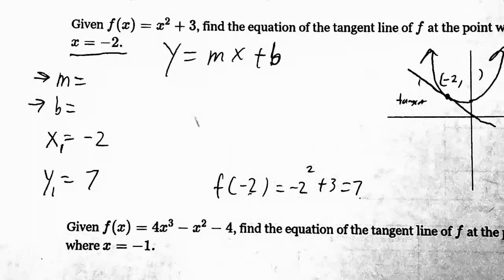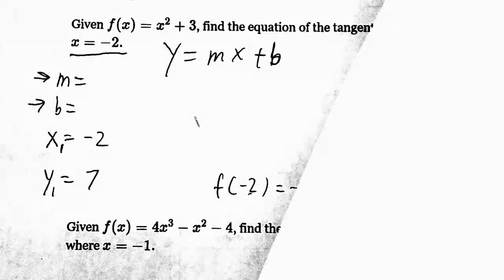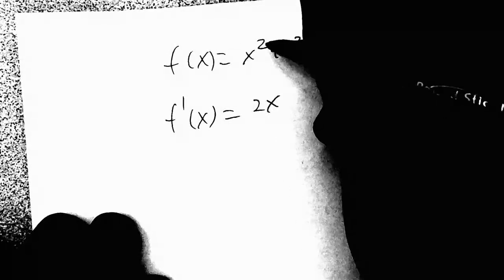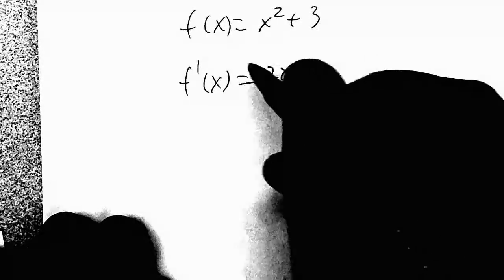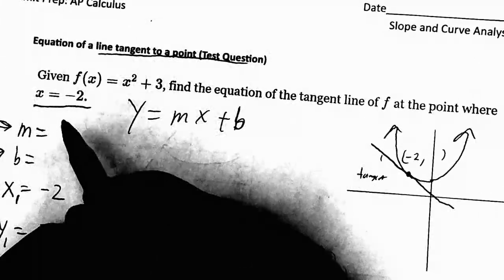To find m, I'm going to use a new sheet of paper here for space. My original equation was f of x equals x squared plus 3. The derivative of f of x through the power rule is 2x, because I'm bringing the 2 down and subtracting 1 from it. This is the slope for all values, but I want it specifically at -2.